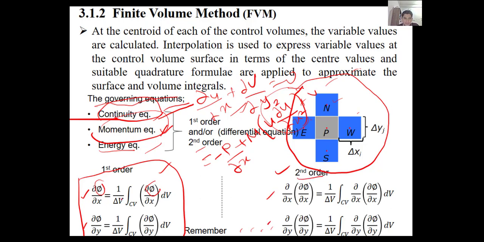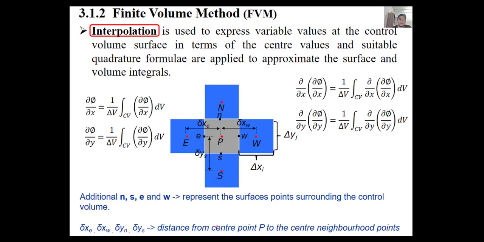If you look carefully, 1 over delta V. Delta V is the volume, which is equal to the multiplication of delta X, Y, and Z. But for the 2D case, delta Z is considered as 1. So you will see later on, we will replace delta V here with delta X and delta Y only.